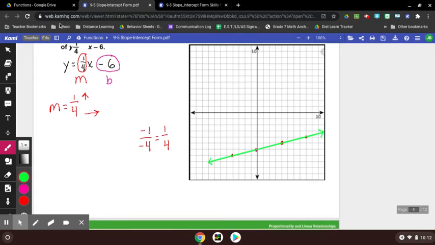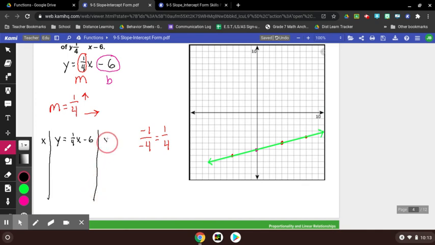So if you remember, approximately about 5-6 lessons ago now, we had a lesson where we would have an X chart and a Y chart. And what that X chart and Y chart were is that we identified, I'm going to put in the equation here, Y equals 1 over 4 or 1/4 X minus 6.